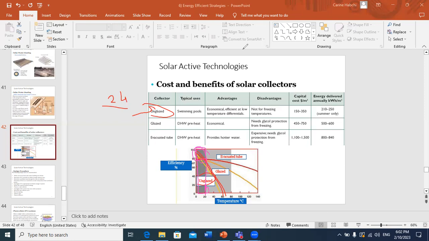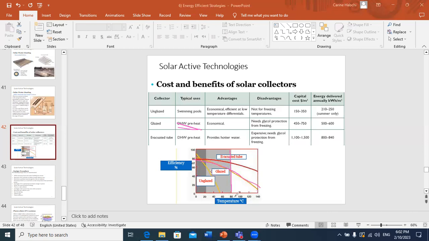On the other hand, for larger temperature applications, we can see that the glazed, if you increase a lot the temperature, the efficiency will be reduced considerably. So let's say for just domestic hot water, it will work well because it can heat up to 80 degrees, and it's more than enough because in general we heat around 70, 72.